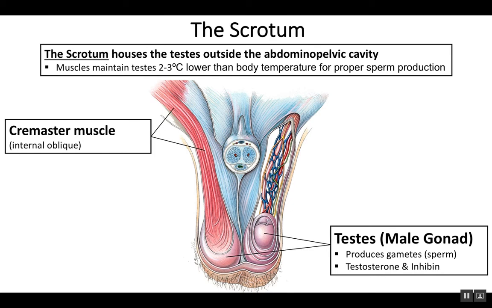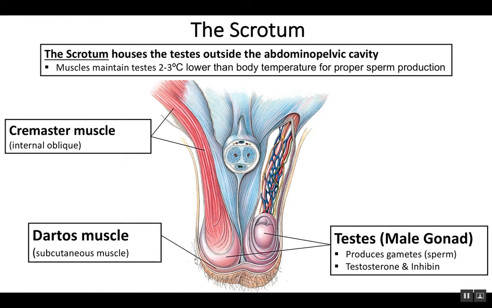These muscles include the cremaster muscle, which is actually an extension of the internal oblique. The internal oblique is one of the layers of the abdominal wall, and it continues down and attaches to a testis. And you can see that if it contracted, it could move that testis closer to the body.